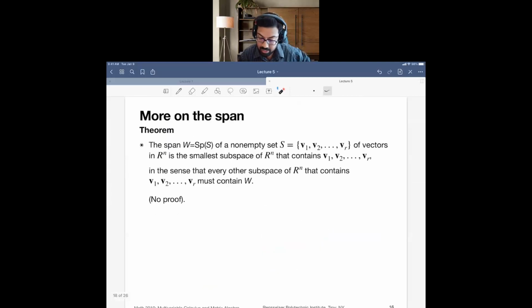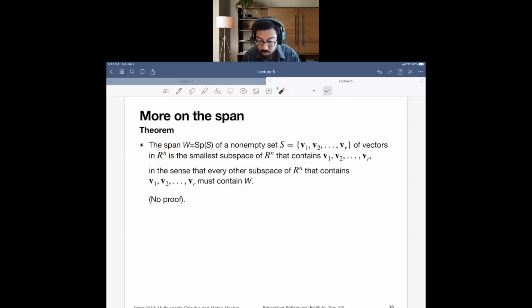More on the span. The space that is spanned by a set of vectors S, for a non-empty set S, which has all these r vectors in R to the n, so that means that each vector is going to have n elements, right?